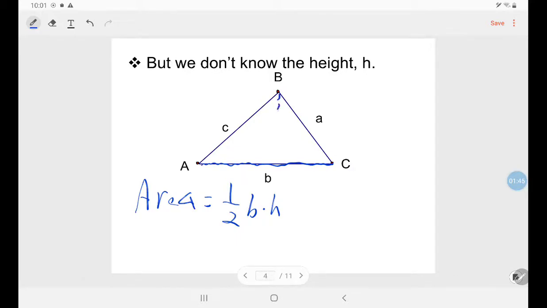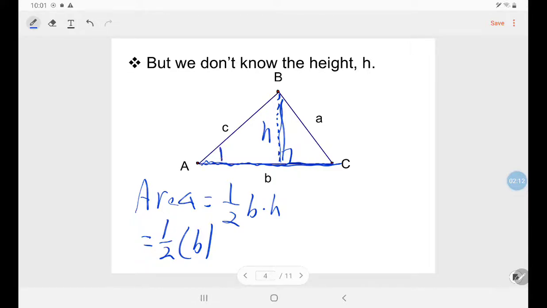So I'm going to draw an altitude, or a height, right here. Now I have a base B and a height. Problem, however, is that while I might know what side B is, I don't know what that H, that altitude, is. So I'm going to use a little trig to find it.